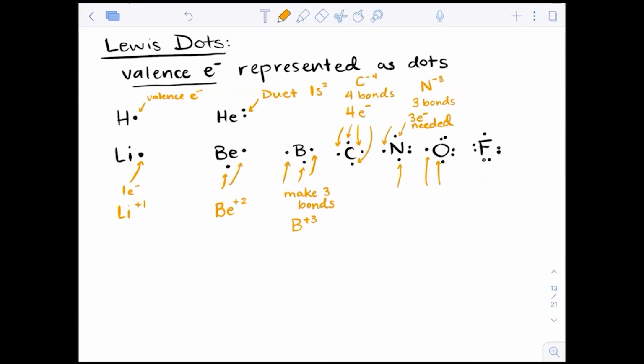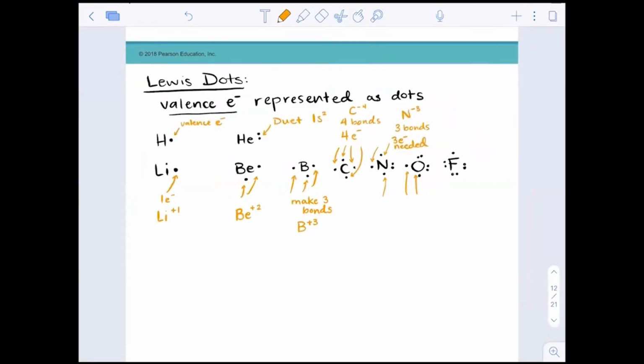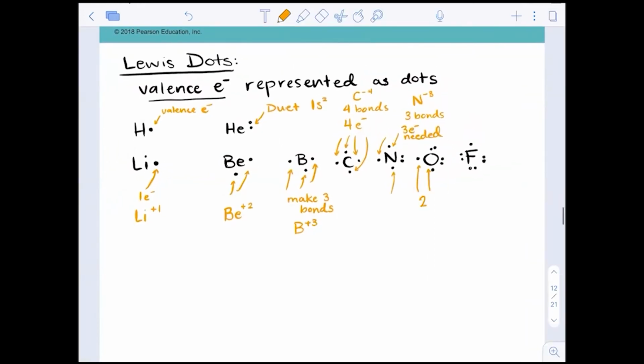And so when we're looking at these Lewis dot atoms, they're a simplistic way of truly getting to the heart of what quantum mechanics is telling us. 2 electron spaces for oxygen, so he typically makes 2 bonds, or we'll see oxygen minus 2. And there's 1 electron spot for fluorine, so 1 bond, or F minus 1. So a lot of different things with these.